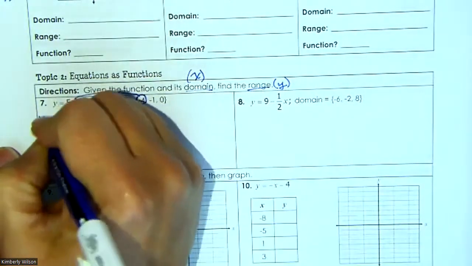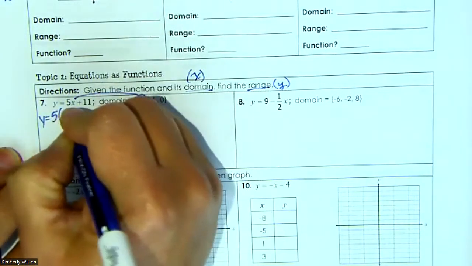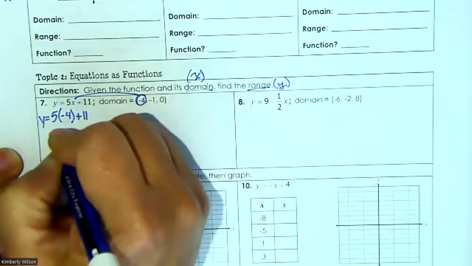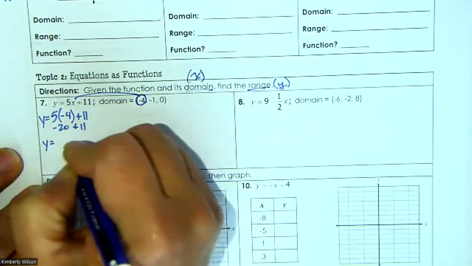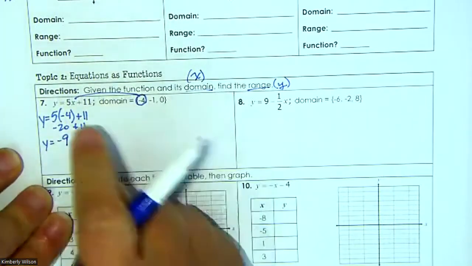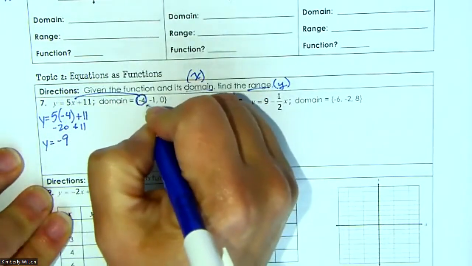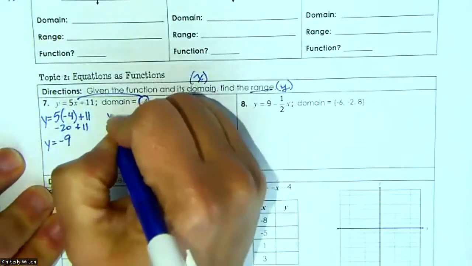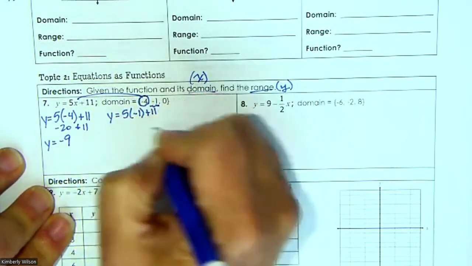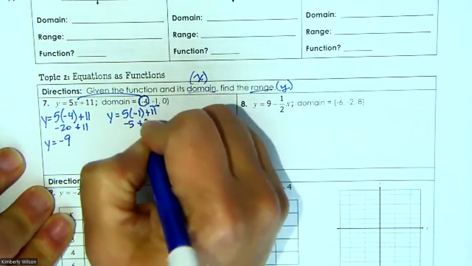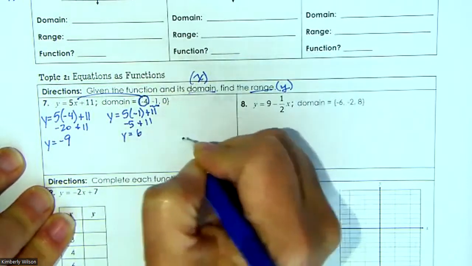So I'm going to have Y equals 5 times -4 plus 11, which gives me -20 plus 11, which gives me Y equals -9. And yes, you have to show the middle step. So now we work it with plugging in -1. So I have Y equals 5 times -1 plus 11, -5 plus 11, Y equals 6.